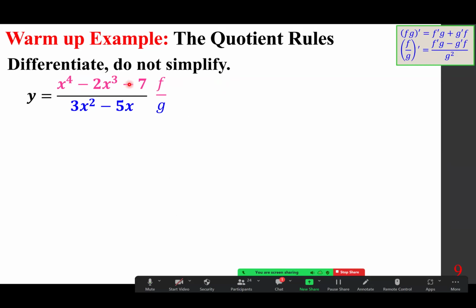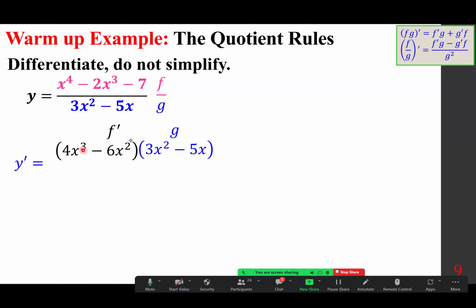So f prime, we're going to differentiate this. We've done that before, and we did the product actually. 4x cubed minus 6x squared. This is a constant, gives you 0. So this is your f prime times g. Just write the bottom here. Just multiply by it. You don't have to change anything.